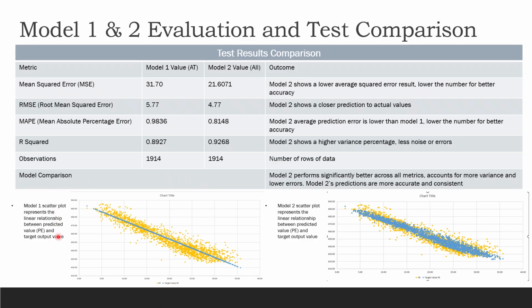Here just shows a scatter plot between the predicted value, which is represented in orange, and the target value output of that one single feature, a nice linear relationship. Down below, those predicted values for Model 2 again show the predicted values here in yellow, but since we used all of our features for this particular model, we can see all those different scatter plot points here.